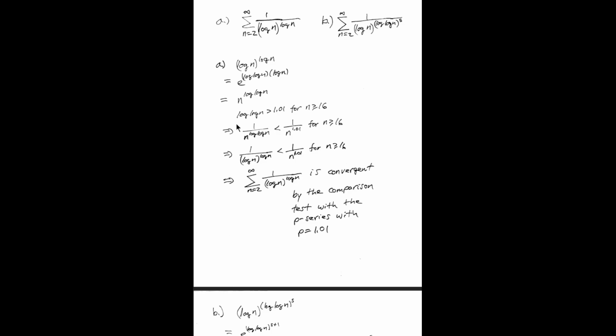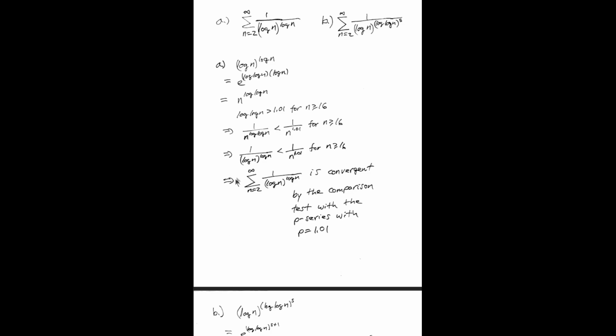Well, this implies that 1 over n to the log n will be less than 1 over n to the 1.01 for n greater than or equal to 16. And that implies 1 over (log n) to the log n will be less than 1 over n to the 1.01 for n greater than or equal to 16.